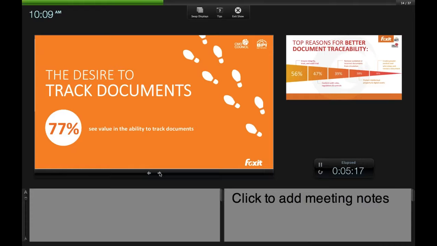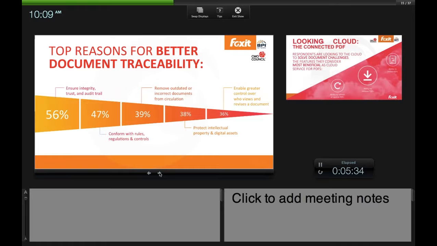So, given the challenges and frustrations that we have been talking about, we asked respondents if they saw value in a solution that would make documents more traceable, more trackable, and controllable. And they overwhelmingly said yes. And here's why. Number one, traceability, they say, can ensure the integrity of the document and provide an audit trail of where it's been, who's used it, who's edited it.